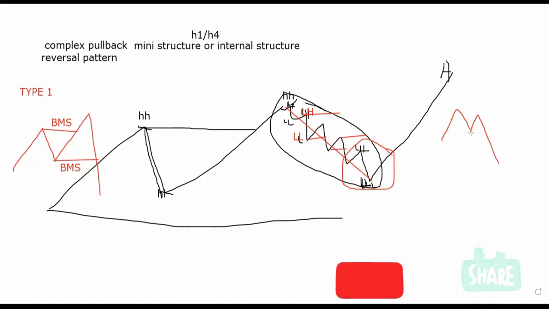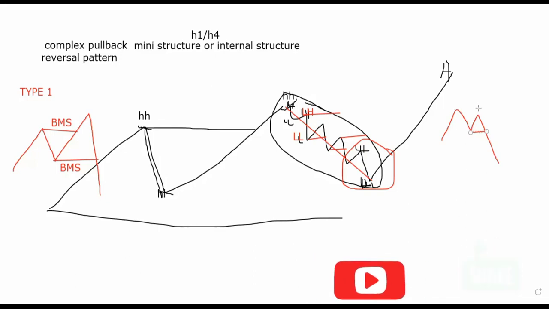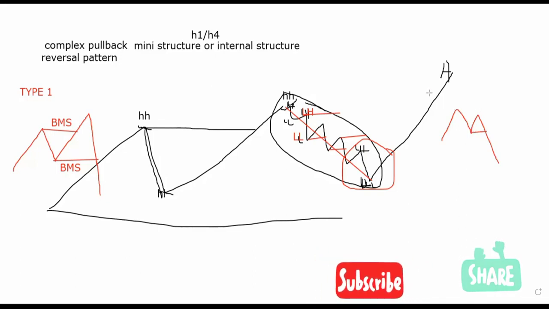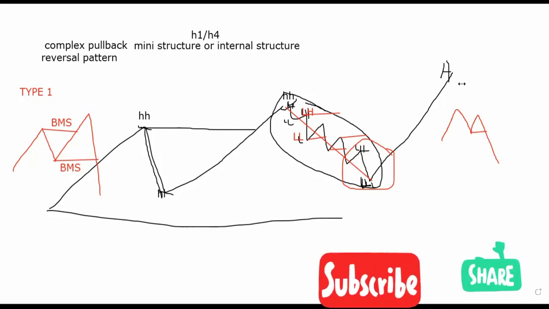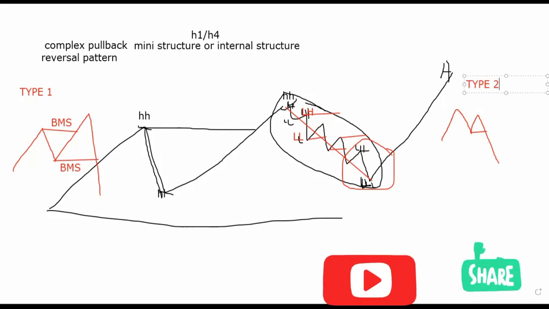You see the difference there now. You only have the BMS to the downside. There is no BMS to the upside. That is your type 2. I hope that is clear. Yes, sir. This is your type 2.